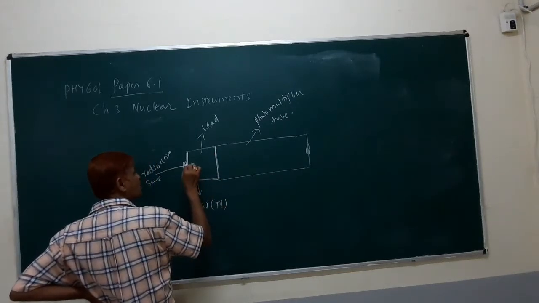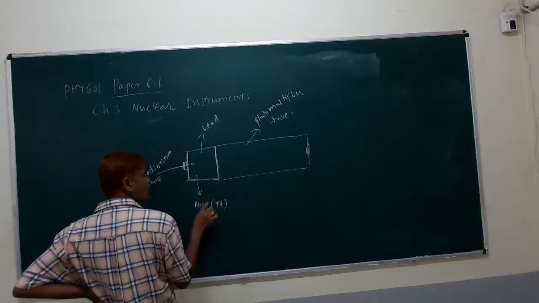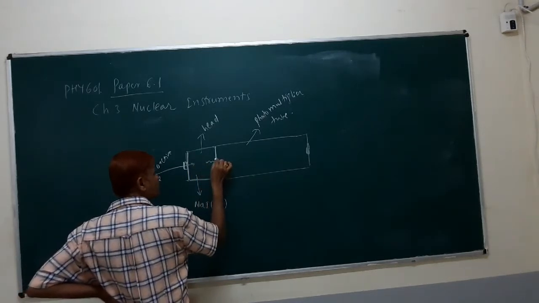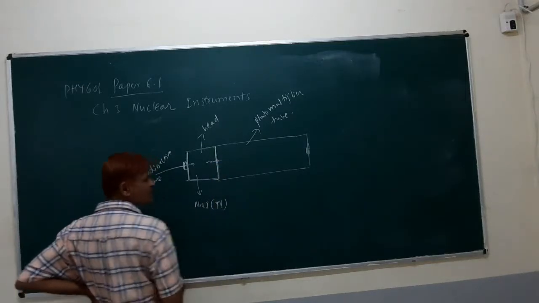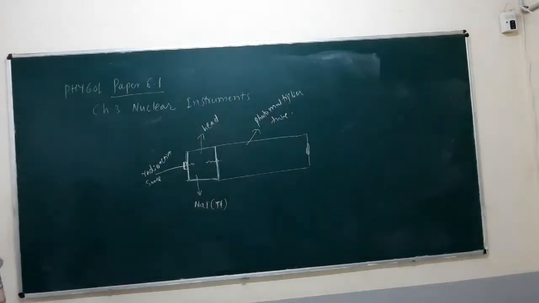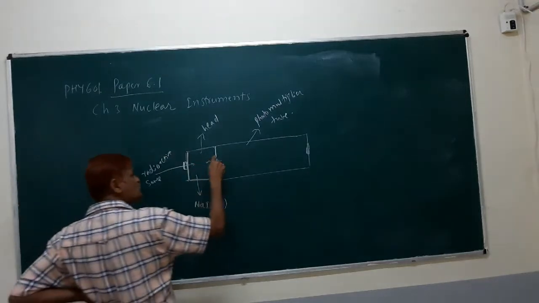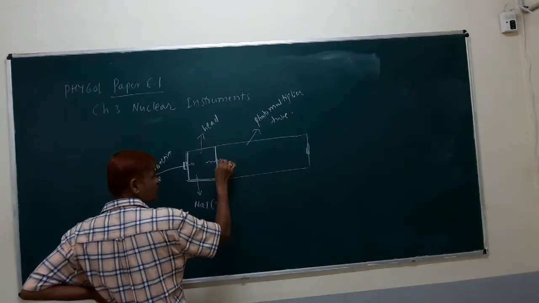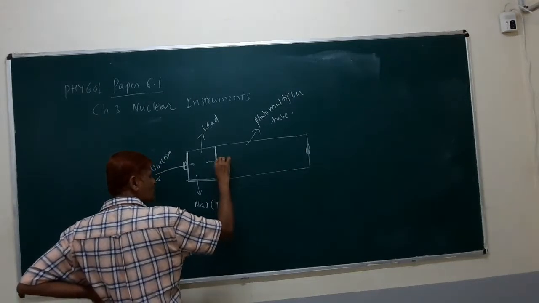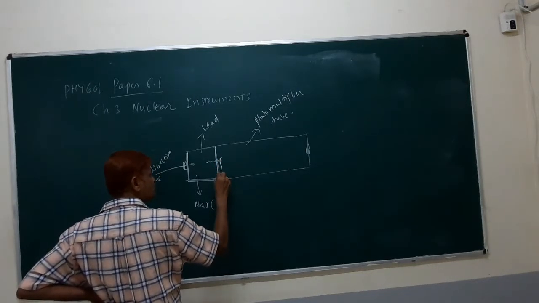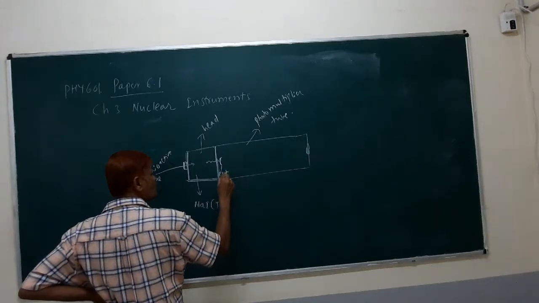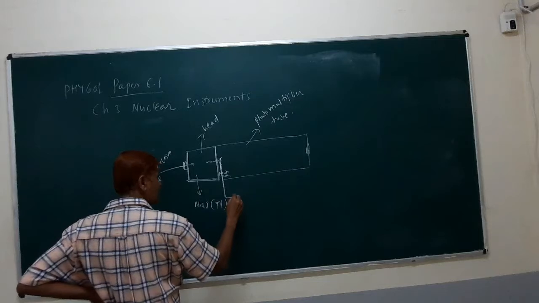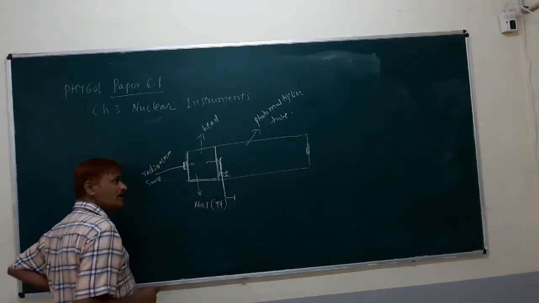Here also we have a glass tube. See, the particles are entering into this scintillation material, and a light wave is produced, and it goes out of this glass tube into the photomultiplier. And here we have a cathode. It is called the photocathode, and it is connected to negative. Alright.